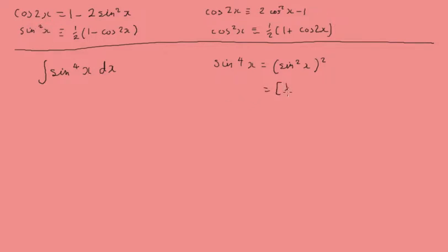So we can have a half (1 minus cos 2x) all squared. So this squared is a quarter. And this we're going to expand.